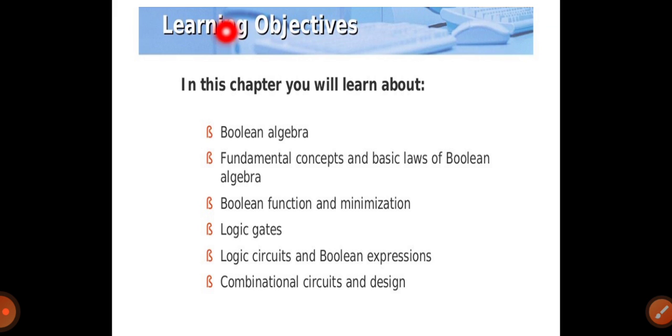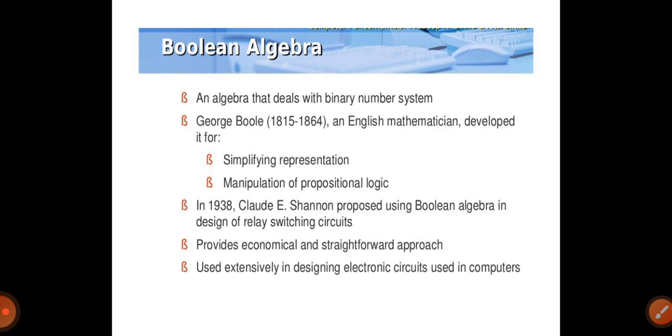In this unit, we have to discuss the Boolean algebra, fundamental concepts and basic laws of Boolean algebra, Boolean functions and minimization, logic gates, logic circuits and Boolean expressions, combinational circuits and design. Then Boolean algebra deals with binary numbers.